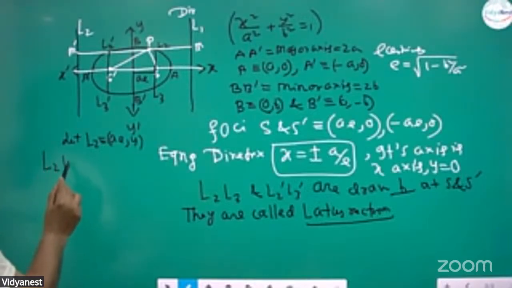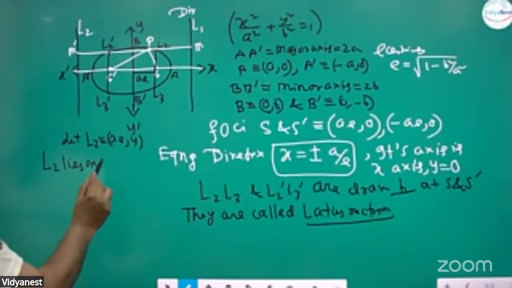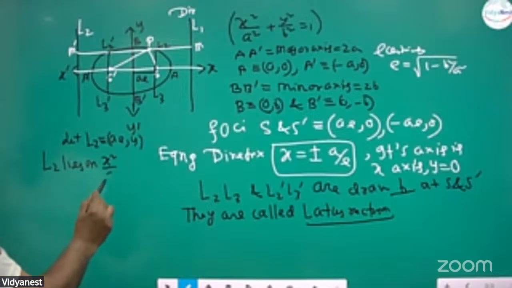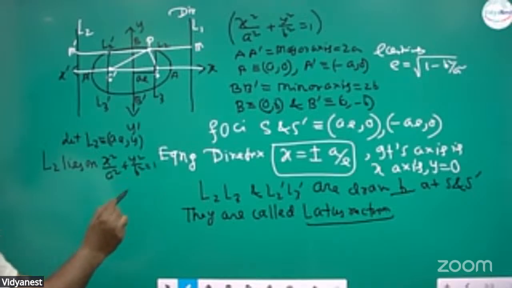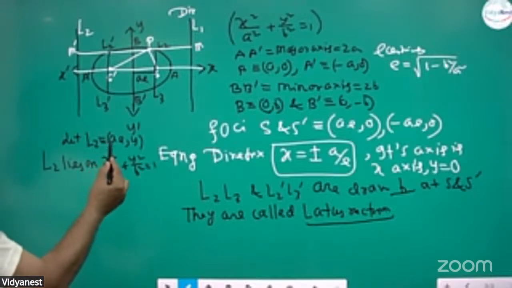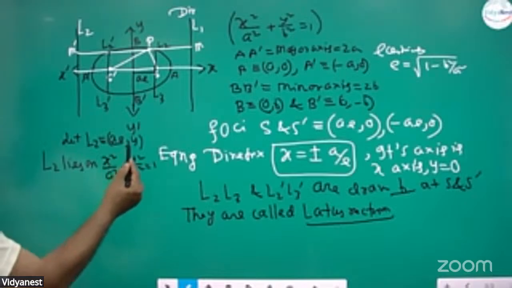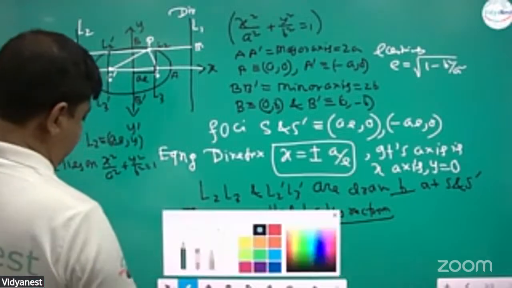L2 lies on it, so the x component of that point will lie on this, and the y component of that point will lie on this.